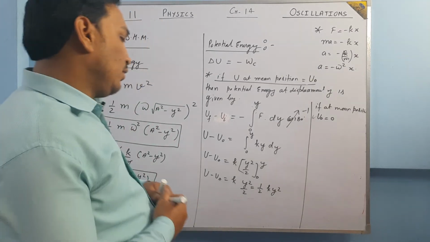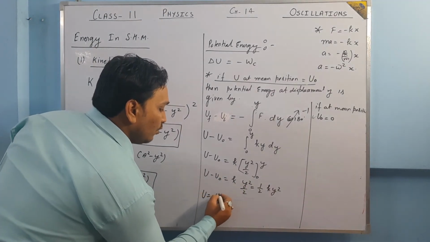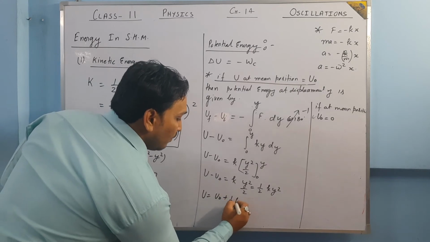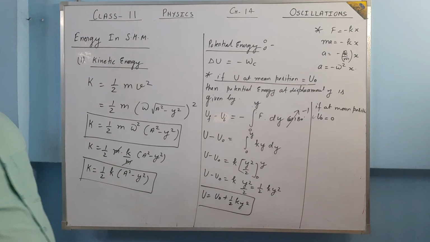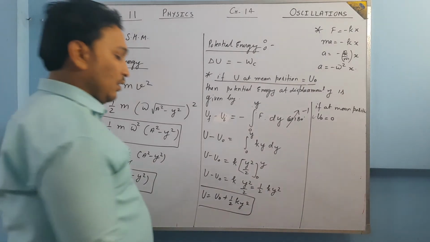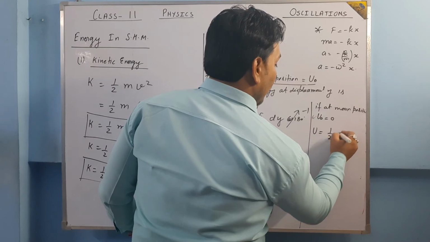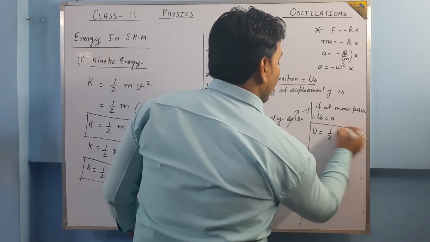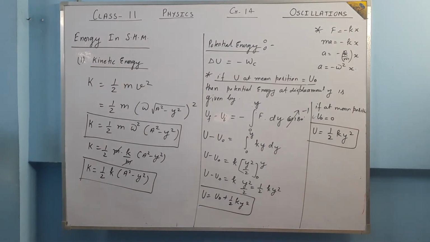If U naught is not equal to 0, you are going to consider U is equal to U naught plus half k y square. But if it is 0, then you are going to consider U is equal to half k y square.